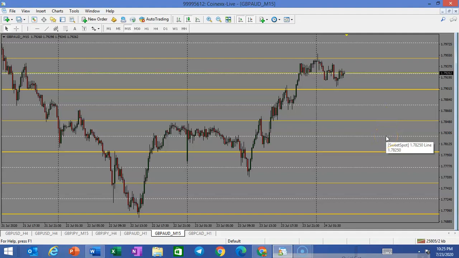So the theory is that the banks sell whole numbers. They don't sell at 1.79370. They don't have time to do that. So they go from level to level and zone to zone. And it is said that all you have to do is identify the direction of a trade.